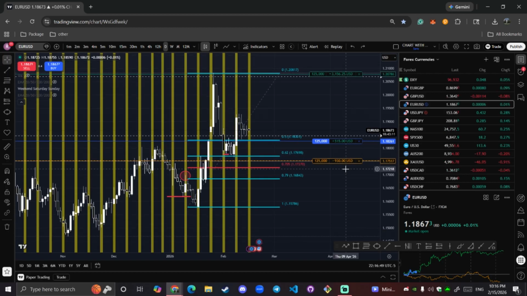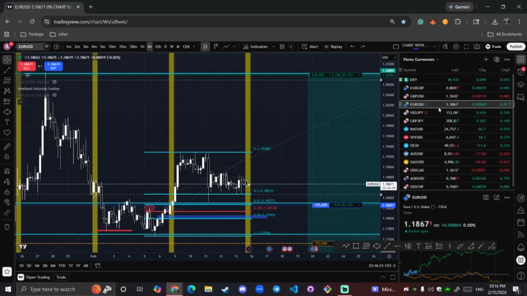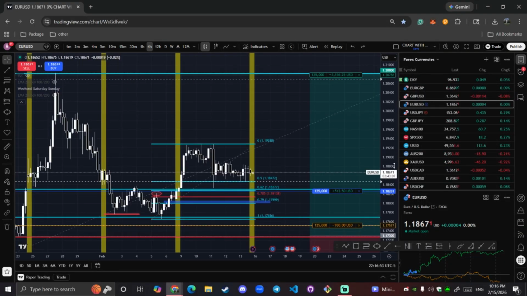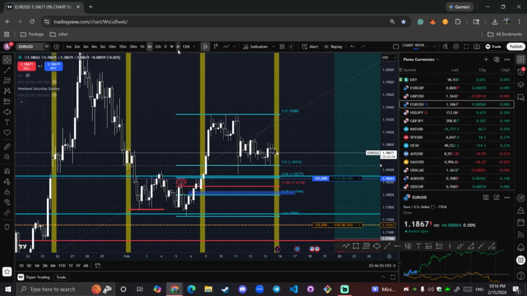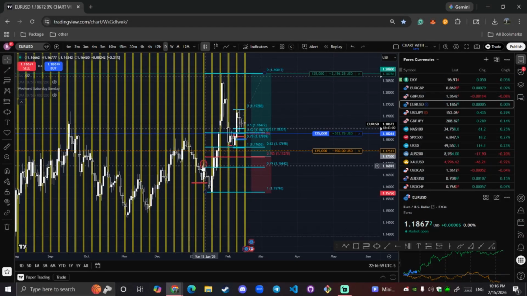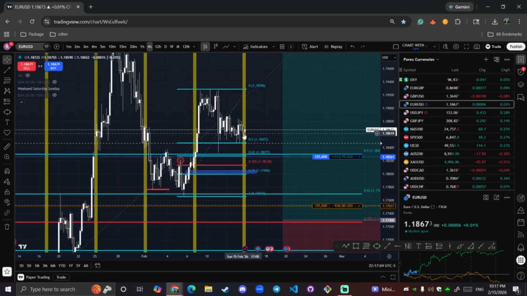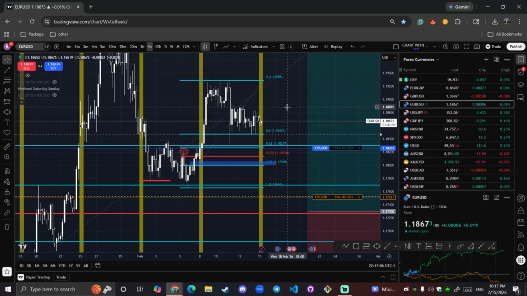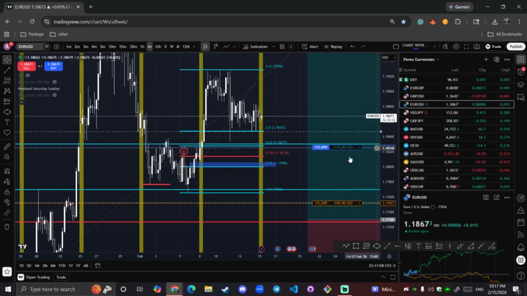But if I bring some of my drawings back, here we go. It's actually doing it on a smaller time frame too. You can see it on the daily time frame, but on the 4 hour, it looks cleaner. There's another setup occurring, which is basically the same thing, right?